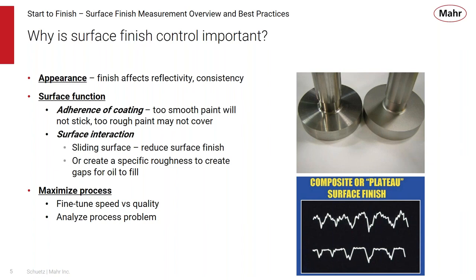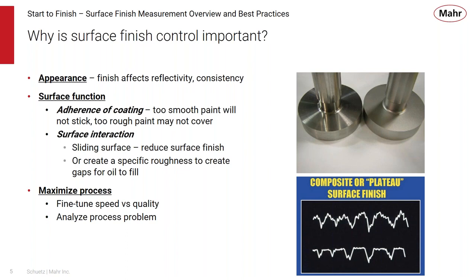Also, slide interaction is an important reason, how things move together. So, when you think about 2 surfaces sliding against each other, you would think that you would want a relatively smooth surface. But no, you may want to be able to control the surface so that you have a nice bearing area, but there are some grooves in that surface to allow us to hold a little bit of oil.